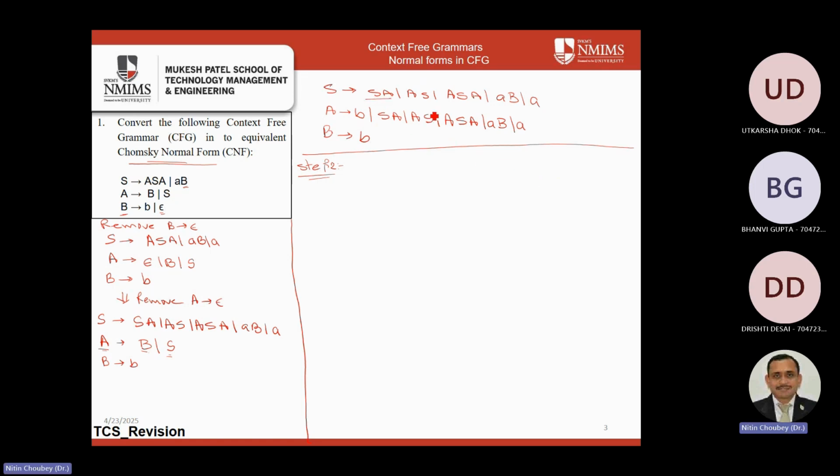These are two variables, three variables, so this is not in CNF. One variable, one terminal, so not in CNF. This is in CNF, CNF, CNF, not in CNF, not in CNF, CNF, CNF, and CNF. So 1, 2, 3, 4. These 4 grammar rules we need to convert into equivalent CNF.